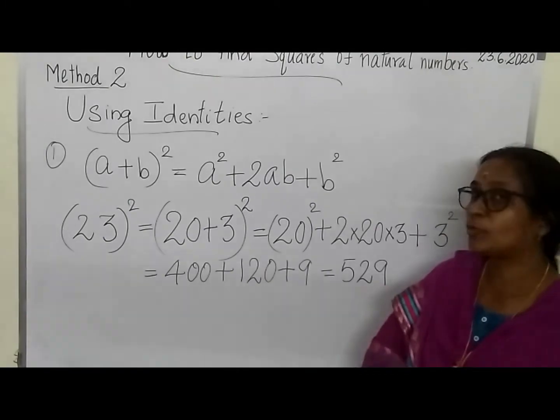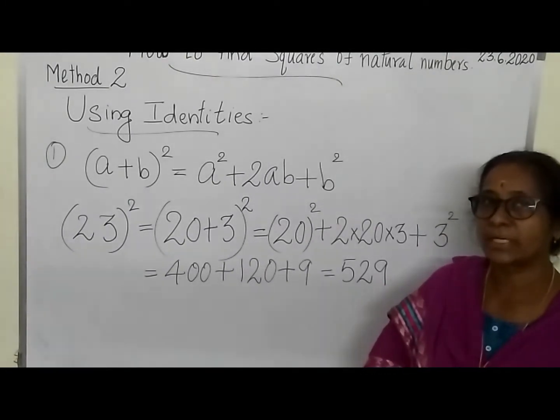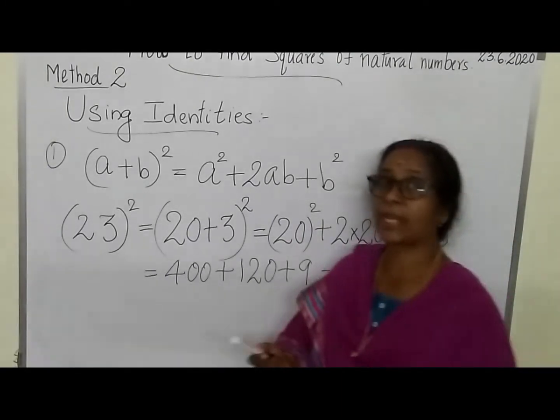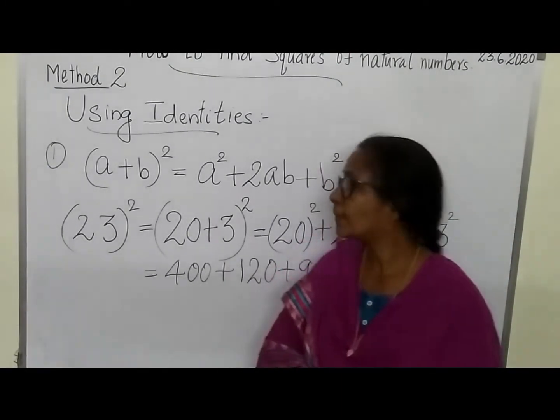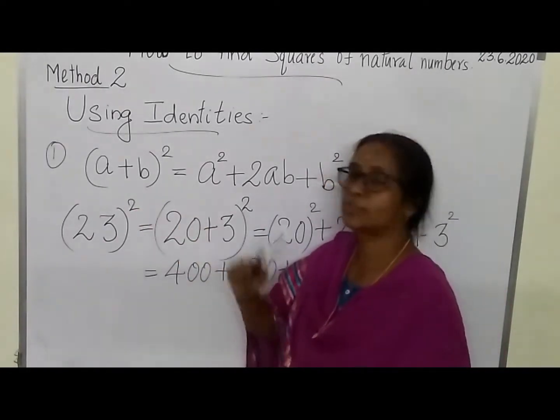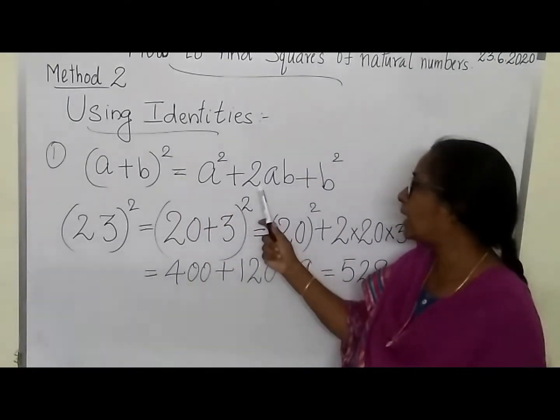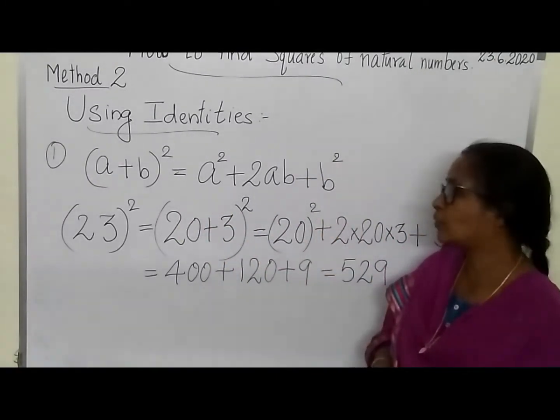In class 7 you have learnt about identities. Do you remember those identities? We learned 2 to 3 identities in class 7. The first identity was (a plus b) whole square, which is equal to a square plus 2ab plus b square.